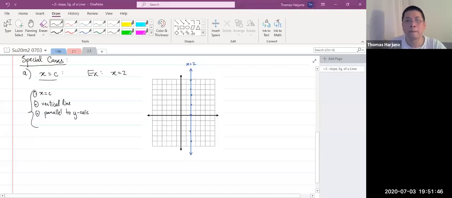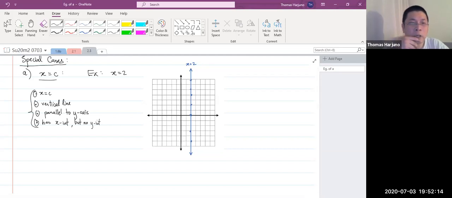Sorry, I lost the connection earlier. Okay, I continue. That's parallel to the y-axis, and then it has x-intercept, but no y-intercept. Now the thing is, all these four guys here always come together.